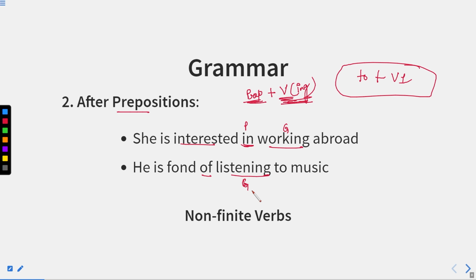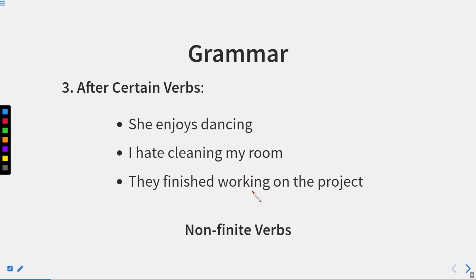Now let us move to the next one. After certain verbs. There are certain verbs which necessarily require gerunds after them. Or you can say that whenever these verbs come in the sentence, if a verb is following any of these verbs, it should be in gerund form only. For example, she enjoys. Now what? She enjoys dancing.